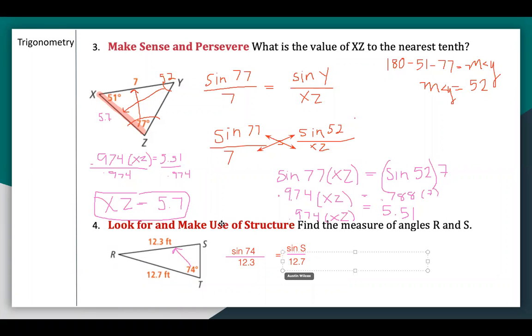And at this point, I'm going to cross multiply it. But I also want us to stop and think about this question. Here they're asking us to find angle S. Well, I have the sine of S here.